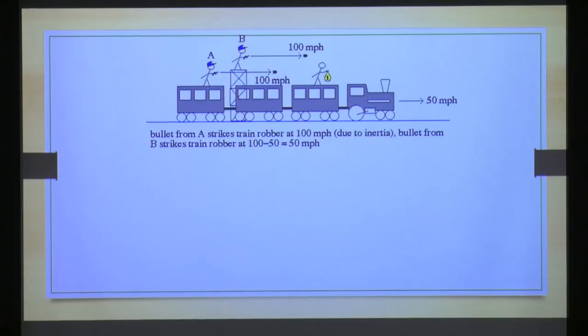So this one will hit this gentleman at 100 miles per hour. The cop that is at the same level but not on the train, his bullet is going to hit the robber at 100 minus 50, okay? He will feel it less. This is Newton. Newton will tell you this, okay?